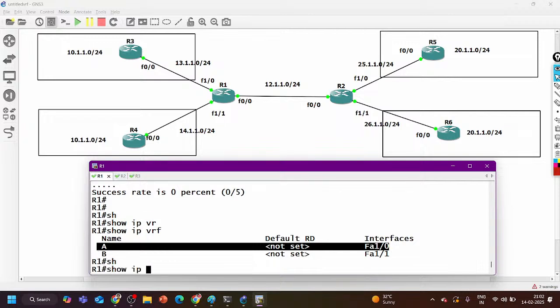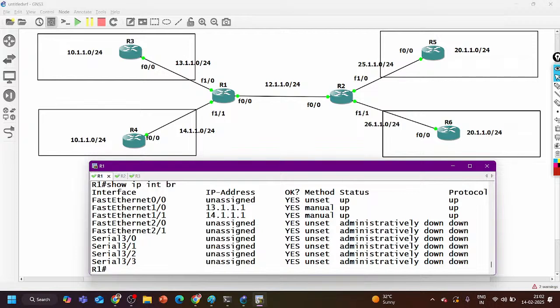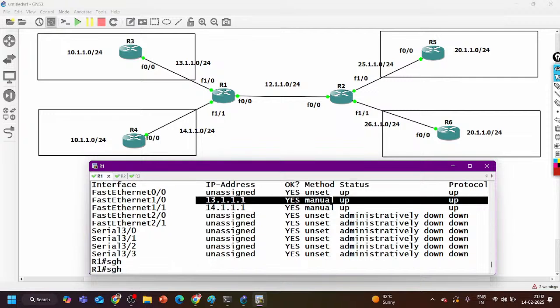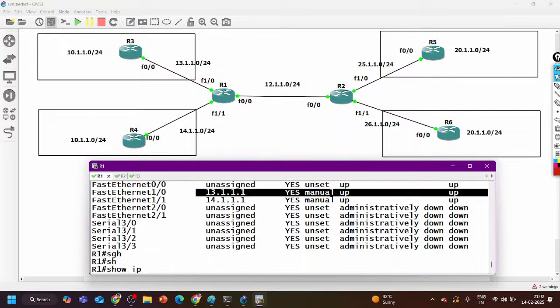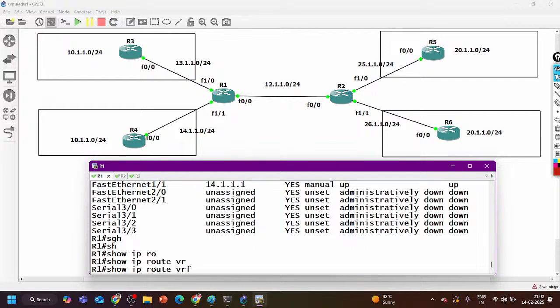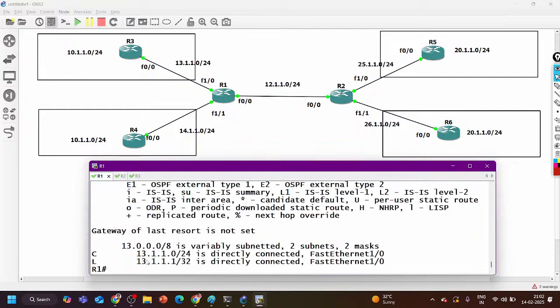Show IP interface brief on F1/0, 13.1.1 interface is up. There should be reachability. Show IP route VRF A, 13.1.1.0 is directly connected. Okay, fine. The ping should work to 13.1.1.3.